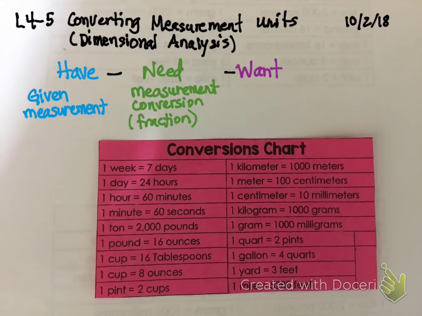So just like we can cancel out common factors in a numerator and a denominator, we can also cancel out matching labels. And I kind of talked about this before, the labels help me figure out what math to do to get to the answer. So want is the label or the unit of measure for the final answer.